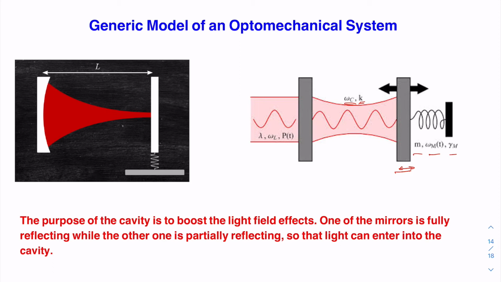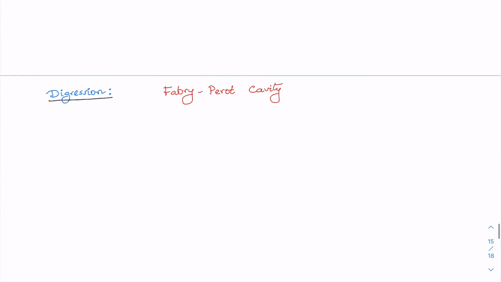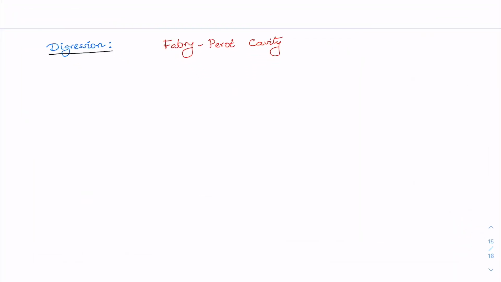As you can see from this diagram, the system is primarily a Fabry-Perot cavity, and it may be useful to digress a bit and discuss the Fabry-Perot cavity in some detail. So let us discuss the Fabry-Perot cavity now. We'll start with the simplest case of a planar cavity of length, say L.